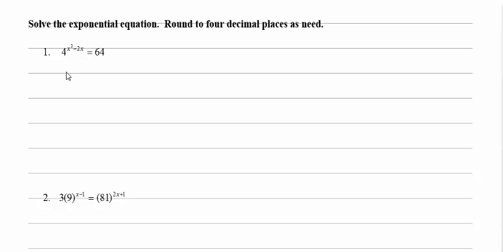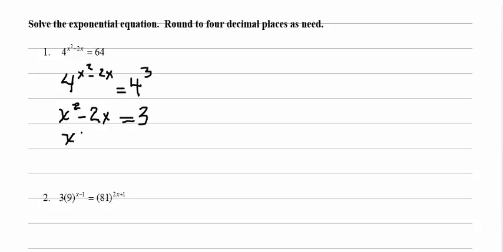Let's take a look at solving 4 to the x squared minus 2x equals 64 by writing 64 as 4 cubed. Now we have exponentials on both sides that have the same base, so we simply set the exponents equal to each other.